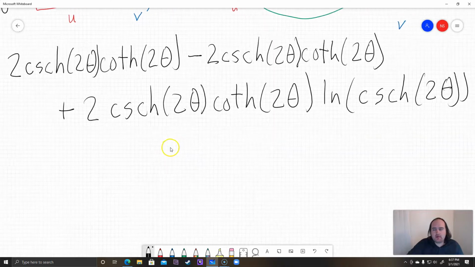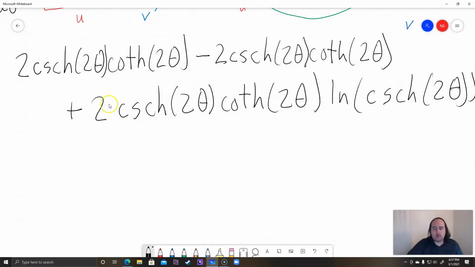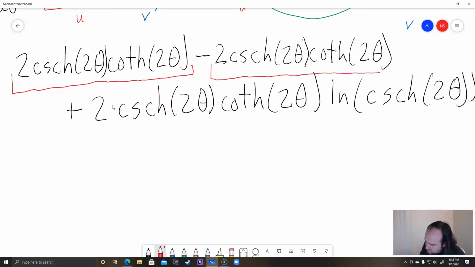Okay, now why did I bother to do all that? What happens now? Well, hopefully some of you have already noticed what's going to happen here. This one, 2 cosec of 2 theta coth of 2 theta, and this one, negative 2 cosec of 2 theta coth of 2 theta, are like terms, and they're opposites, so they just cancel out. So thankfully, after all that work, we do get to cross these out.